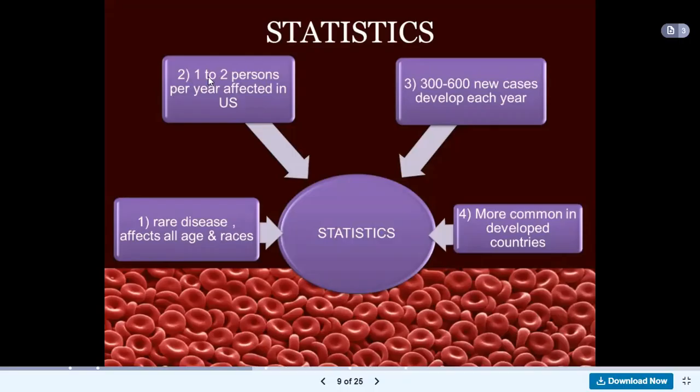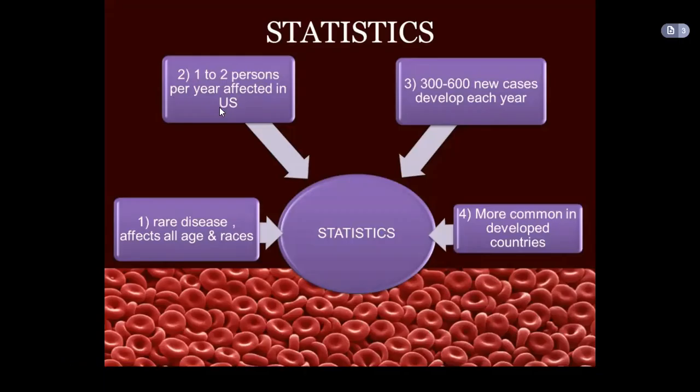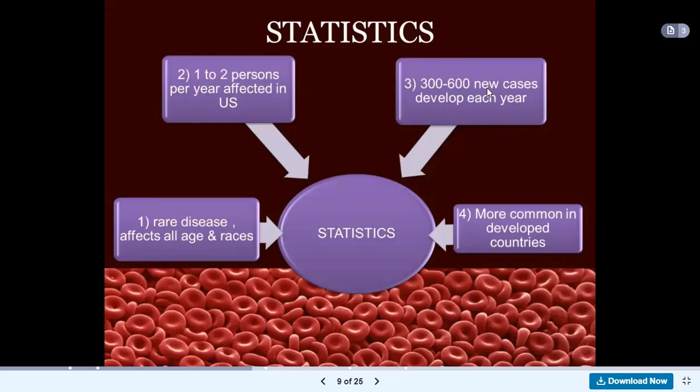Secondly, we need to know that 1 to 2 persons per year are affected in the United States. That tells you how rare or how difficult it is to find patients with aplastic anemia. 300 to 600 new cases develop each year, I think that is around the world.